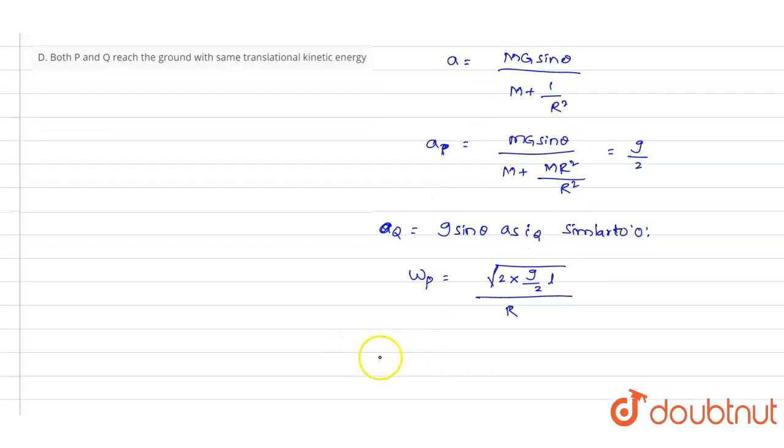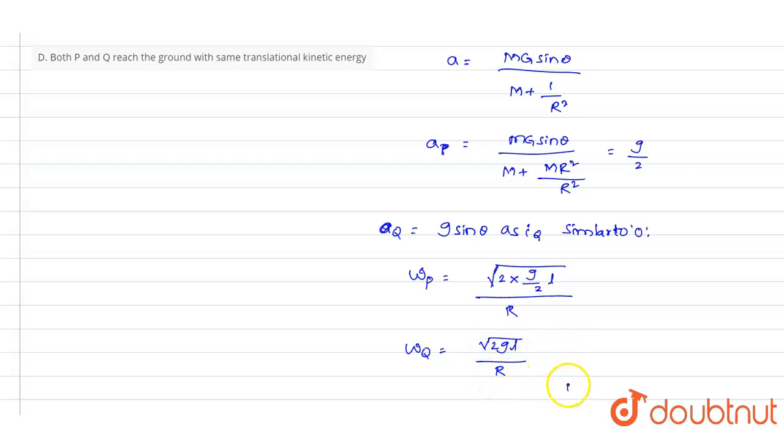So this is the omega P value. In the similar way, omega Q value will be equal to under root 2gL divided by R.